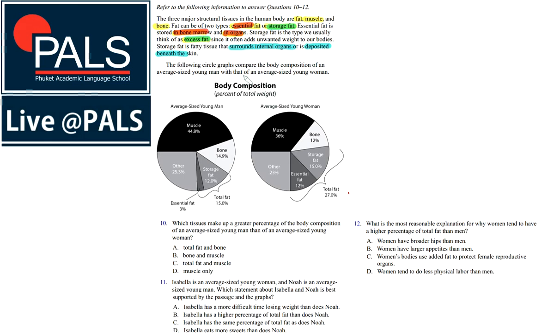Okay, the following circle graphs compare the body composition of an average-sized young man with that of an average-sized young woman. We can see that in the average-sized man we have quite a bit more muscle tissue, a bit more bone tissue. Others is more or less the same.